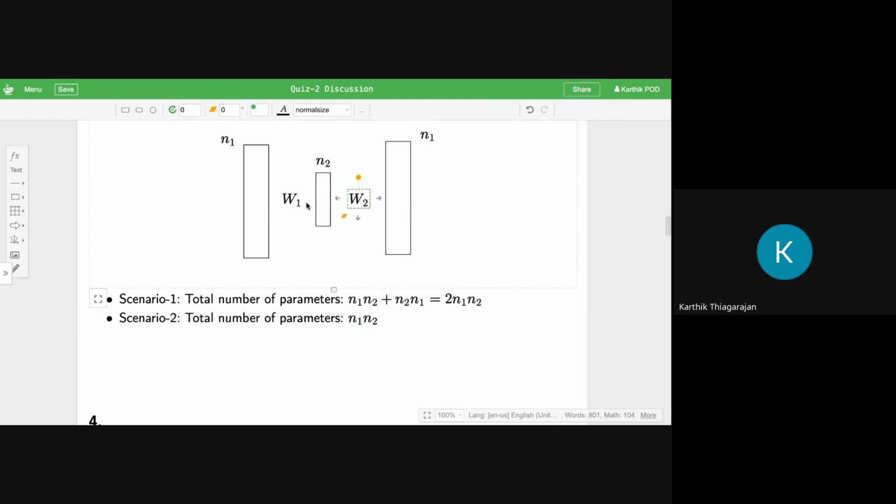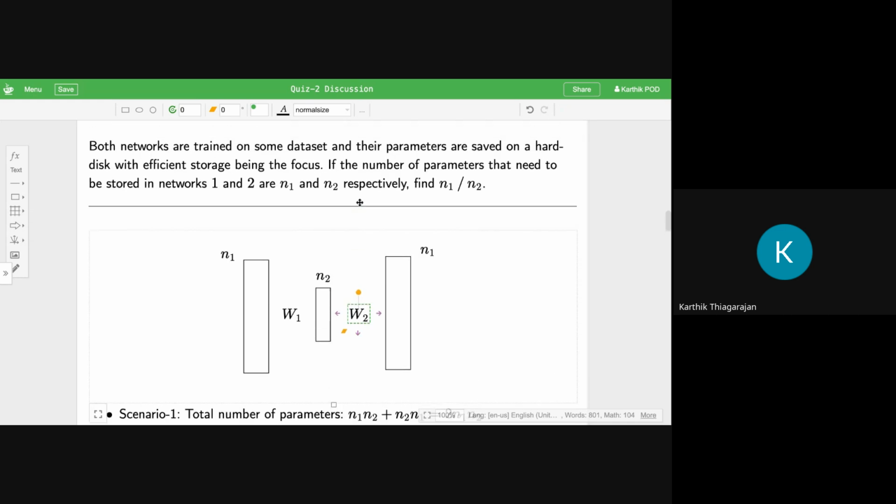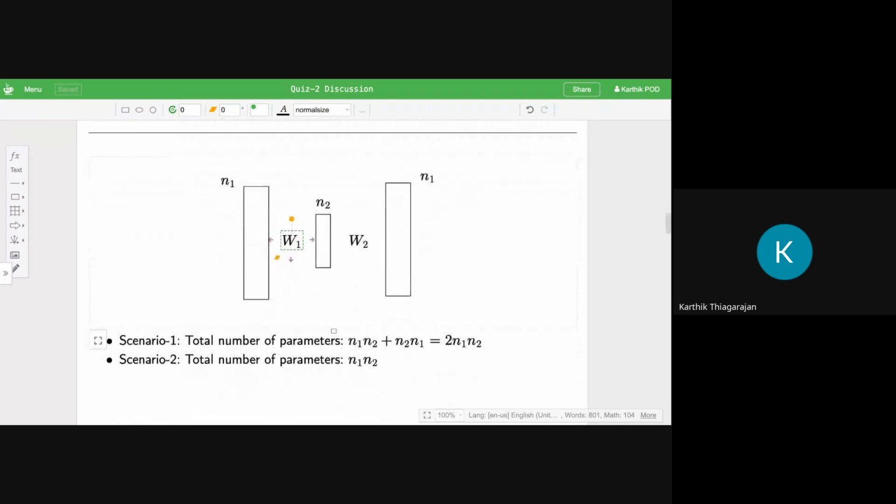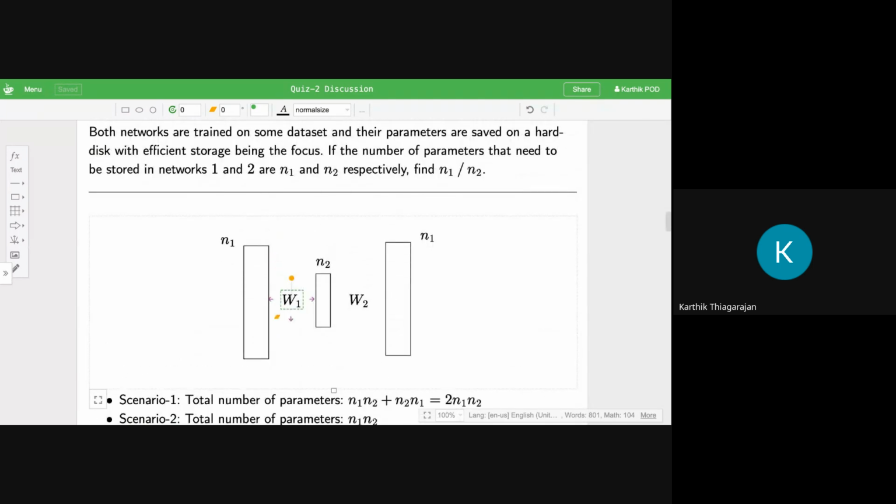Because W2 is W1 transpose, so you really don't have a new set of parameters. What you have is essentially only W1. W2 can be obtained from W1. So when you are storing it on a hard disk, you only need to store W1, because W2 is just a copy of W1 with the matrix transpose. So you don't need to store a new set of weights.